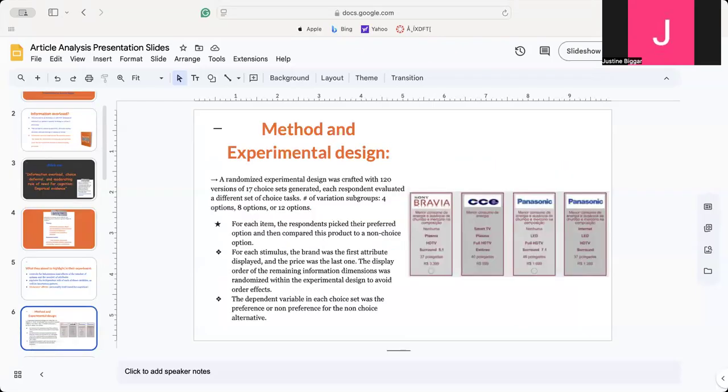Their method and experimental design consisted of about 120 versions of 17 choice sets that were generated, and each one was a different set of choice tasks to ensure there wasn't any consumer preference bias. There were three main subgroups: people presented with 4 options, 8 options, or 12 options.